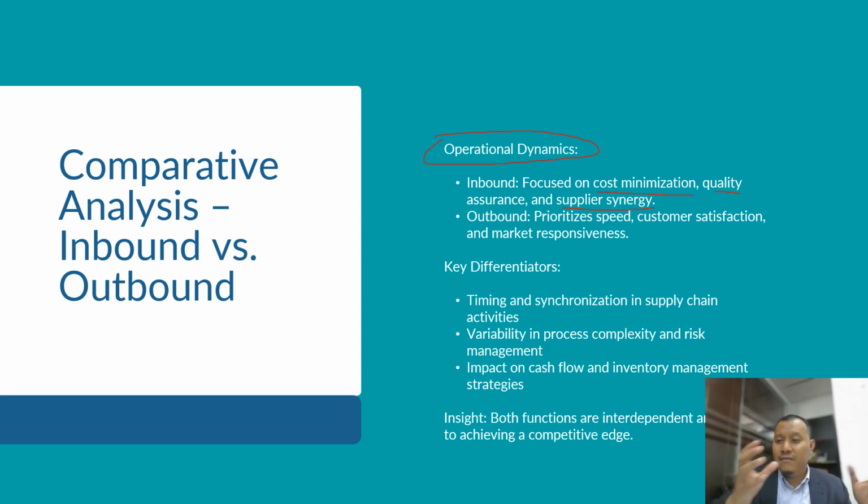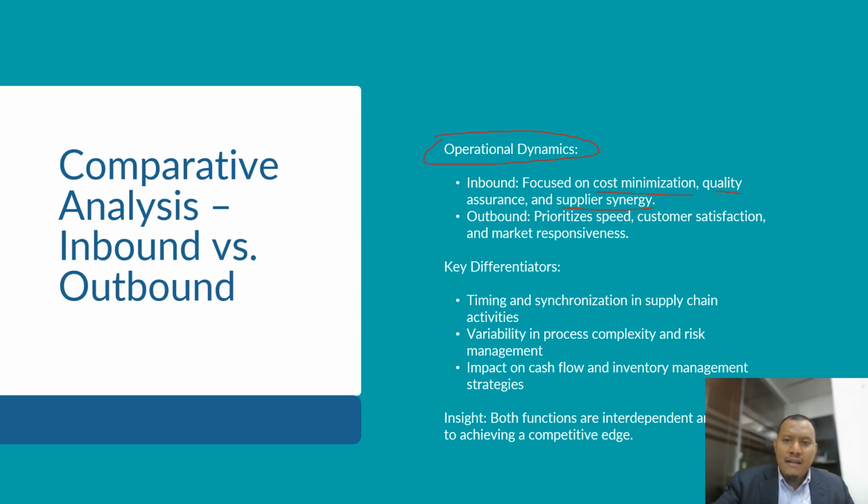We understand from the slide before, inbound logistics is about receiving the product from our supplier. So of course, we try to minimize the cost so that we can have a good profit margin. Quality assurance and supplier synergy are very important to make sure that our supplier can make a timely delivery to our warehouse so that we can do whatever we need to do.